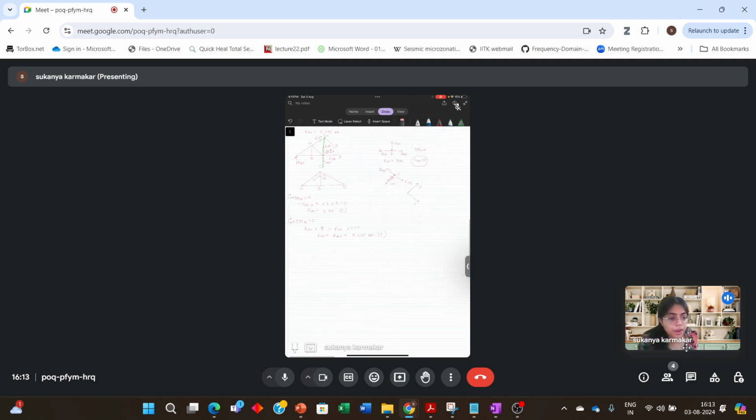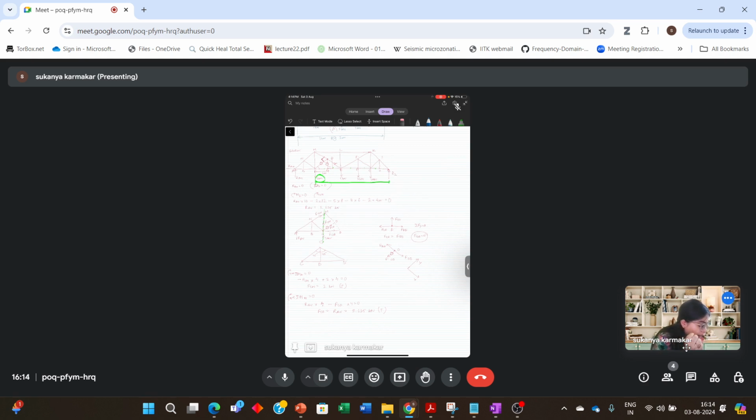Now I want you to find out the number of zero force members in this truss. So what will be the logic? Again, I'll explain the logic. Let's consider the joint D. At the joint D, there are three members, CD, DE, and DO. Now, the truss members are axial force carrying members.